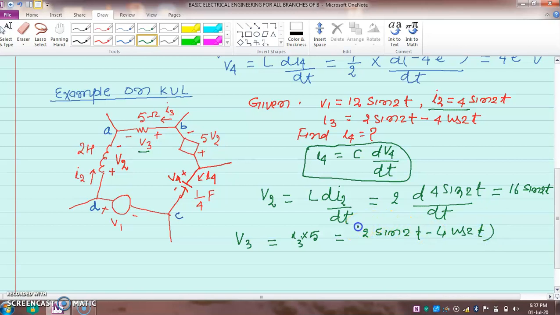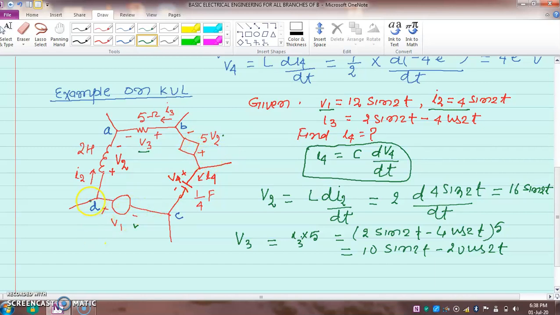Just multiply it by 5, it will give 10 sin 2t minus 20 cos 2t. So V3 is known, V2 is known, and V1 is also given. This is the voltage dependent voltage source, and this voltage is also known.